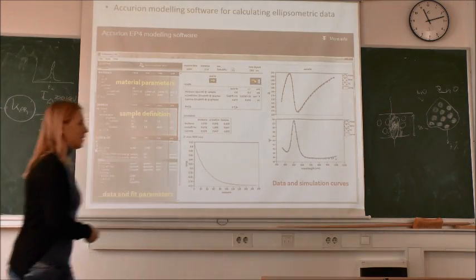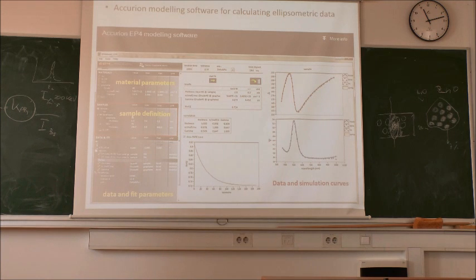The calculation of ellipsometric data can be done very easily by Curian modeling software. In this software, there are 3 parameter definition sections: the material parameter definition section, the sample definition section, and the data and fit parameter definition section.